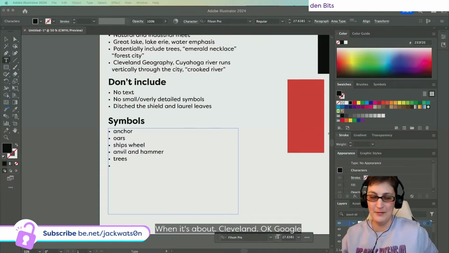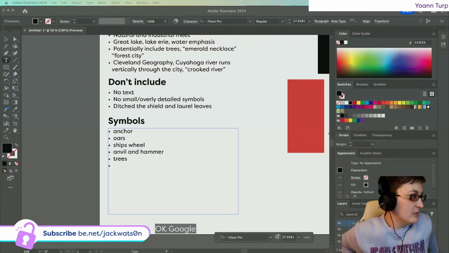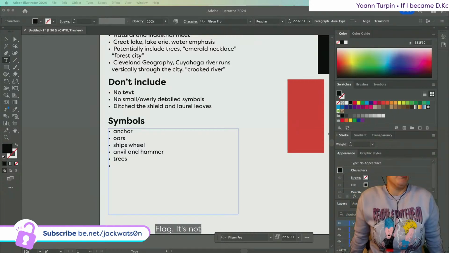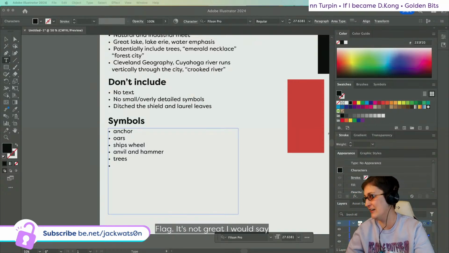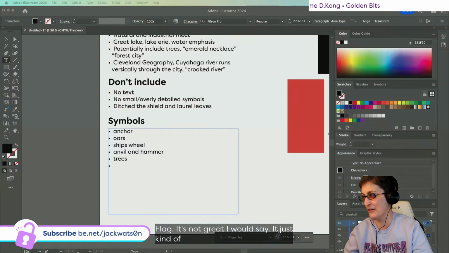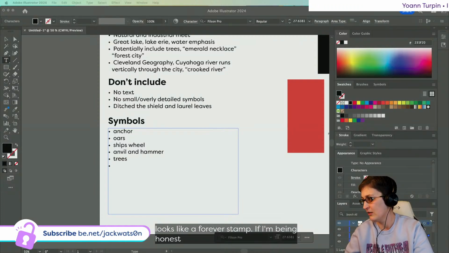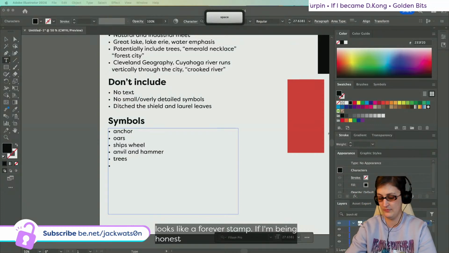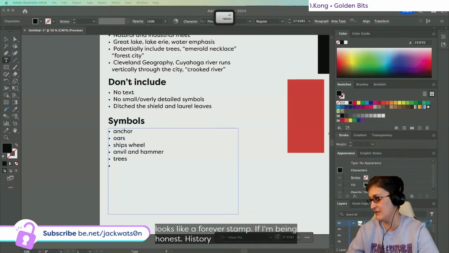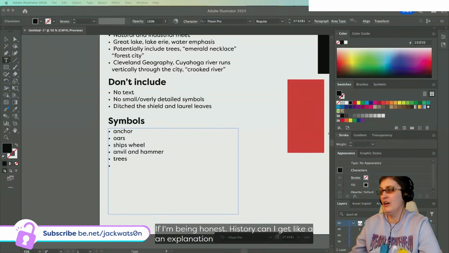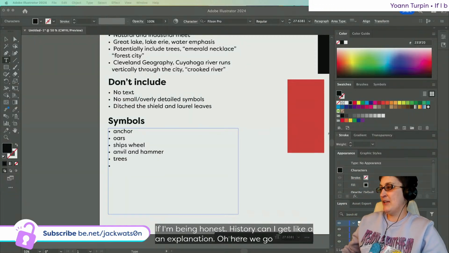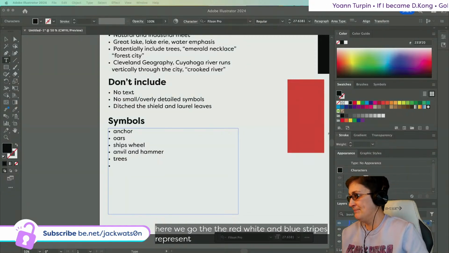But it's like an American flag. It's not great, I would say. It just kind of looks like a forever stamp, if I'm being honest. History. Can I get an explanation? Oh, here we go. The red, white, and blue stripes represent patriotism.